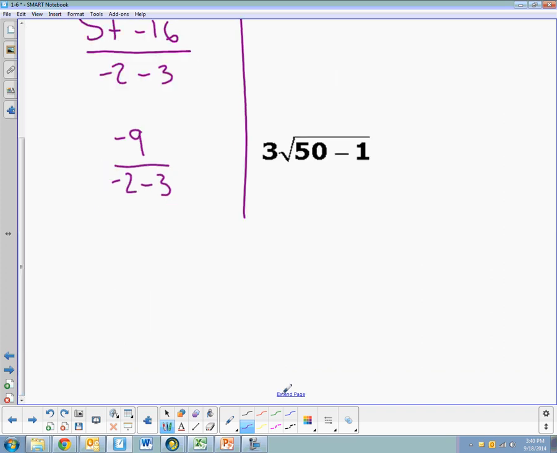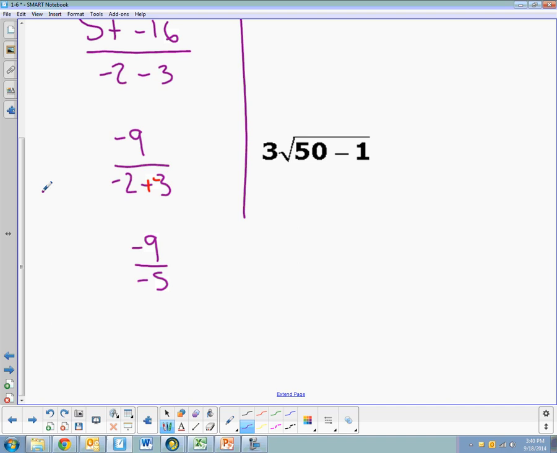And then my almost last step, negative 2 minus 3, if I do my keep, change, I've got negative 2 plus negative 3, that's negative 5. And negative 9 divided by negative 5, we can't get a nice whole number out of that, right? We can't get a nice integer out of that. But we can't leave it as a fraction. We can reduce this. We can simplify it.